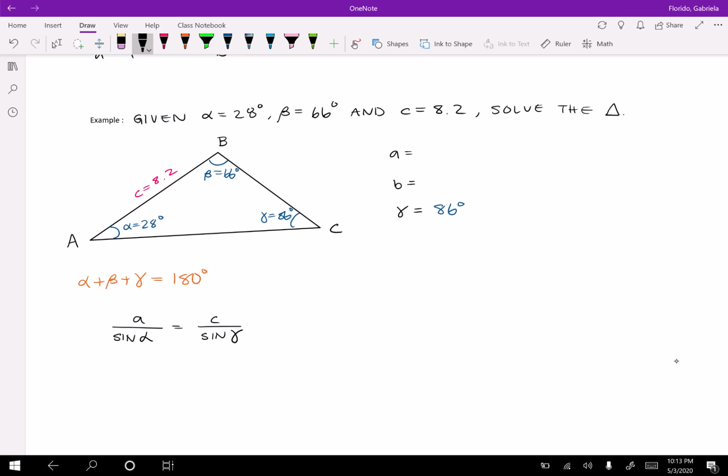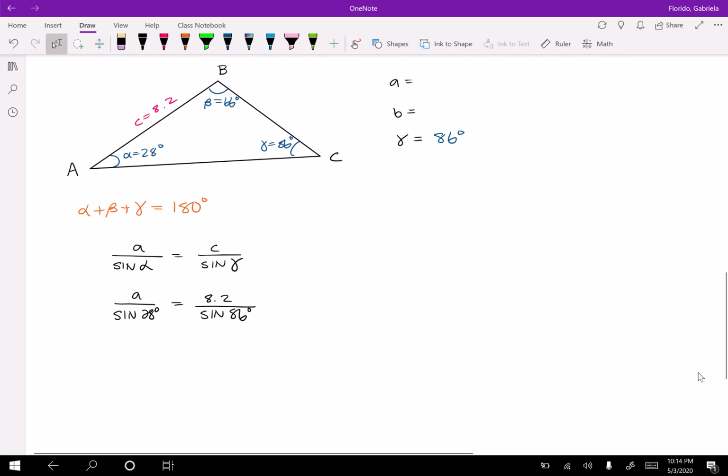So we have little a over sine of 28 degrees is equal to 8.2 over sine of 86 degrees. And so we want to isolate a, so we multiply both sides by sine of 28 degrees. And that gives us that a is equal to 8.2 sine of 28 degrees all over sine of 86 degrees.